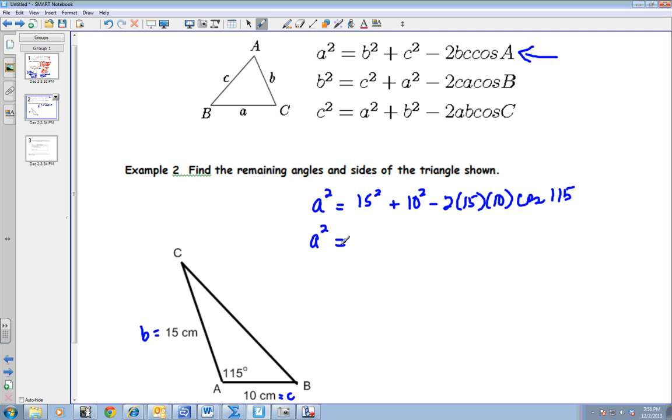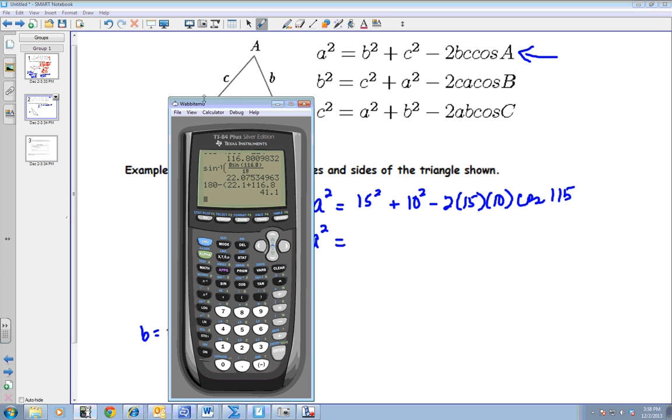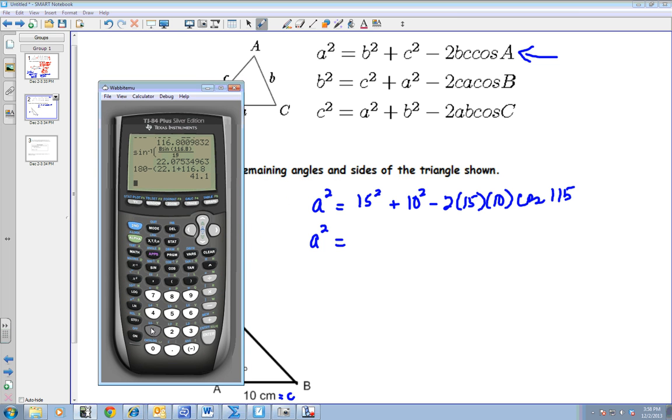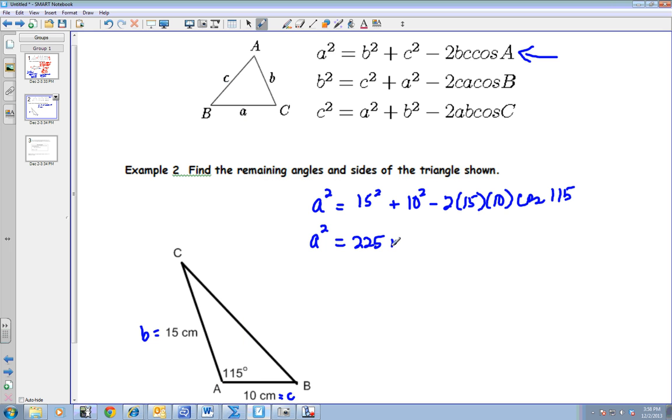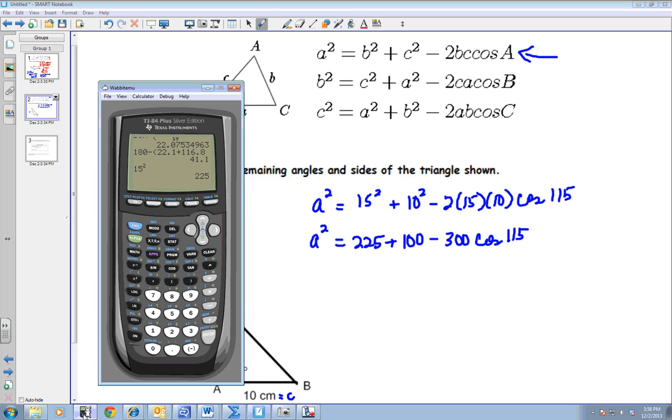A squared equals 15. And now this is basically a calculator problem. 15 squared, 225, plus 100 minus, that's 150, what is that? 300 times the cosine of 115. And let's just put the rest of this in our calculator. So 225 plus 100 minus 300 times the cosine of 115.